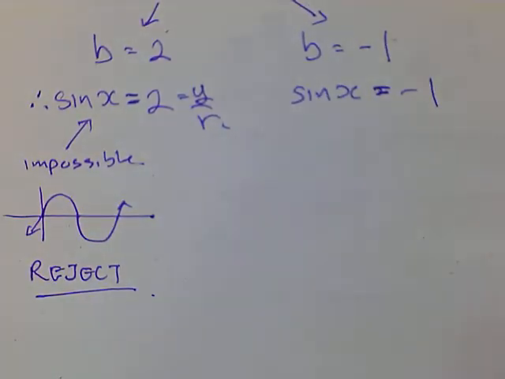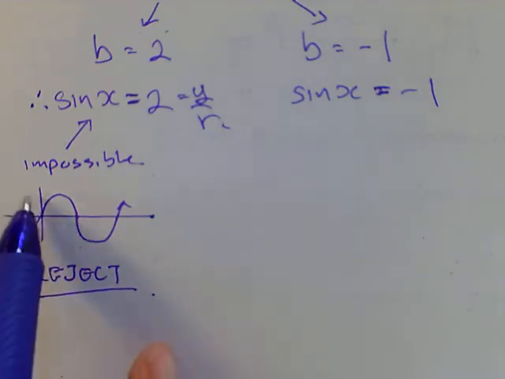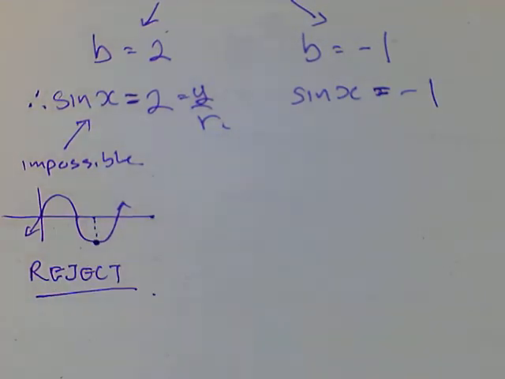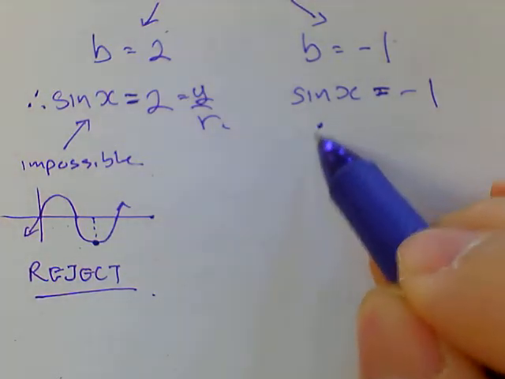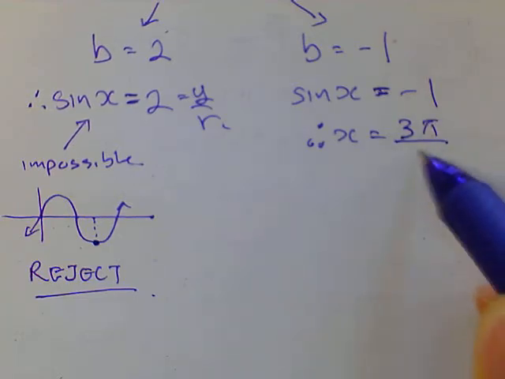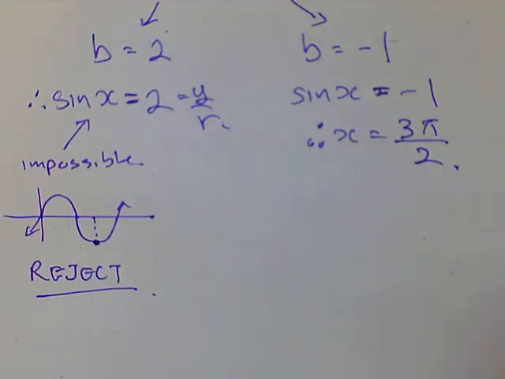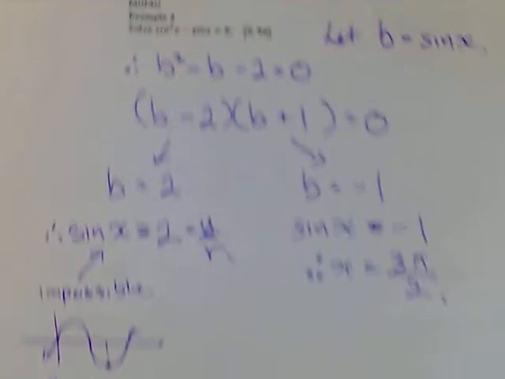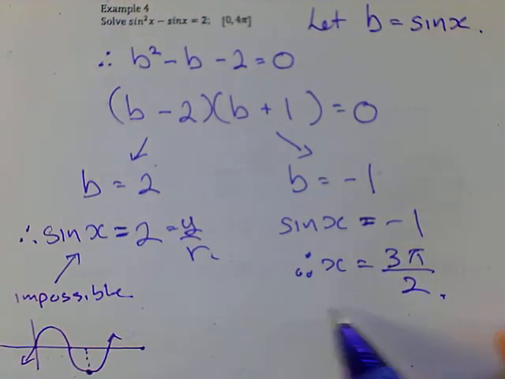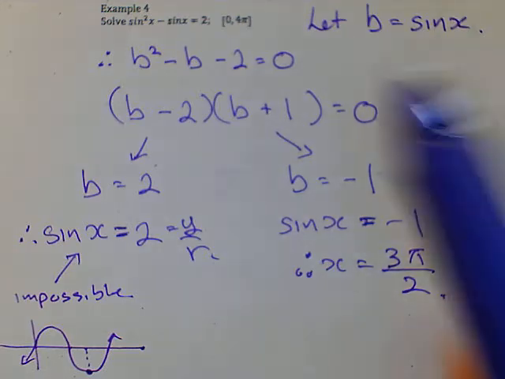Sine x equals -1. Think about this. There's only one location when the sine value is equal to -1. What angle? Yes, plus every rotation of that. So, x is going to be 3 pi over 2, as well as the next rotation.